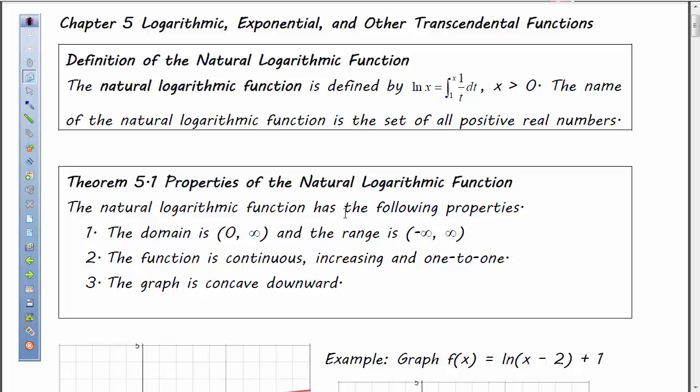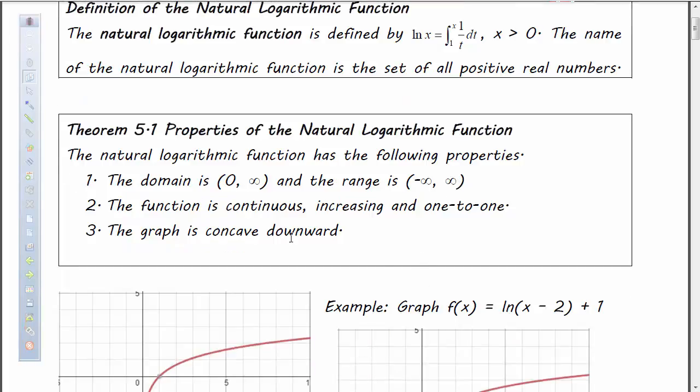Okay, so properties of natural log, which you've studied before: the domain is from 0 to infinity, and the range is all real numbers, minus infinity to infinity. The function is continuous, increasing, and one-to-one. Because the function is one-to-one, that means it's going to have a what?